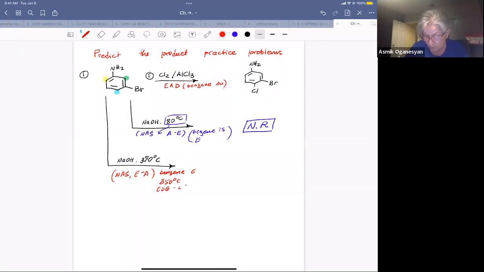We have a leaving group, which are meta to each other. And we know that no matter where the leaving group resides relative to the electron donating group, the outcome will always be substitution on the meta position. So the outcome of this reaction is going to give us a disubstituted product where bromine is substituted with chlorine. Okay?